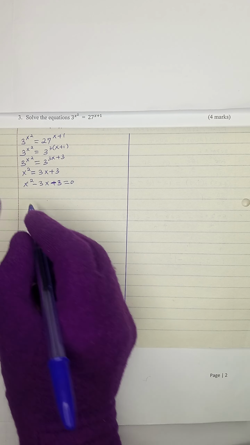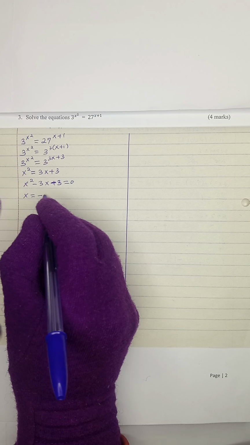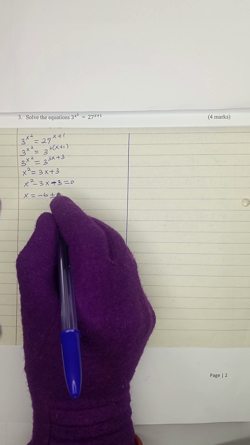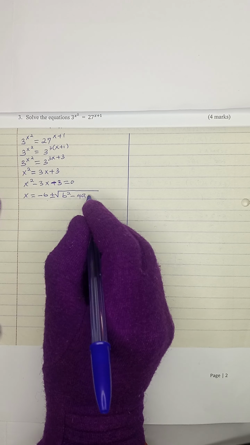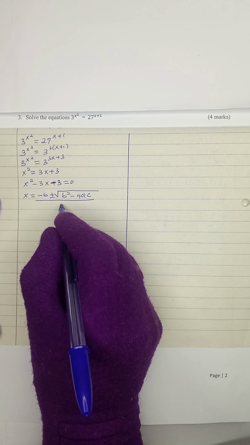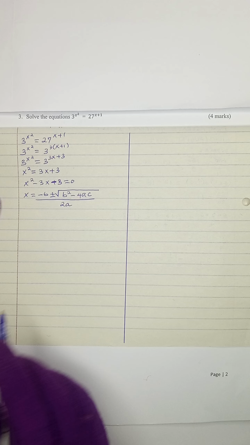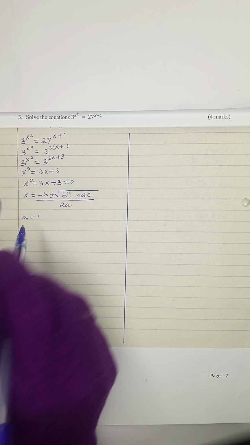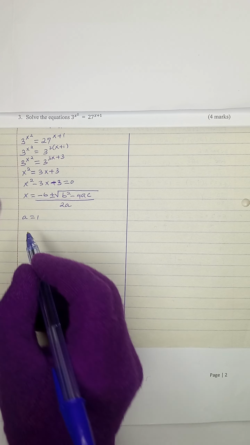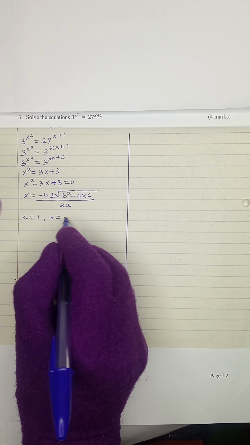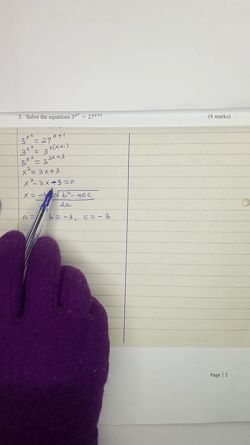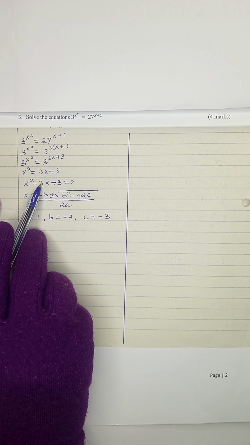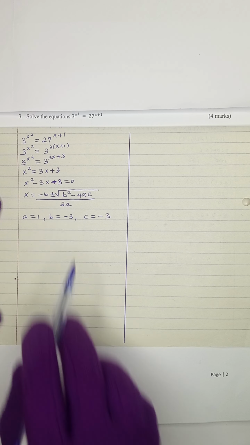I'll use the quadratic formula. So x is equals to negative b plus or minus the square root of b squared minus 4ac all over 2a. If we look at our equation, our a is equals to 1, that's the coefficient of x squared. Our b is equals to negative 3, the middle term, and our c is also negative 3, the constant. So you substitute in here.